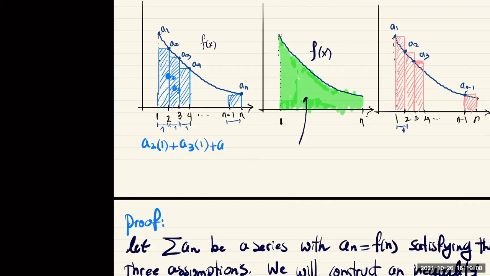Next one would be a sub 4 times 1. And that is going to go up to the last rectangle, which is over the interval from n minus 1 to n. Again, we're taking the right end point, which would be a sub n, so plus dot, dot, dot, a sub n times 1 is the area of the last rectangle.